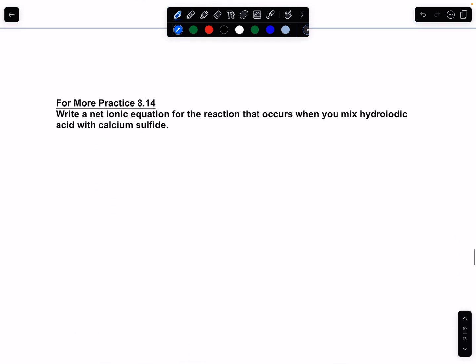In this problem, it's asking us to write the net ionic equation for a reaction that occurs when you mix hydroiodic acid with calcium sulfide. So hydroiodic acid is HI and calcium sulfide is CaS. Let's do the same thing that we did before.